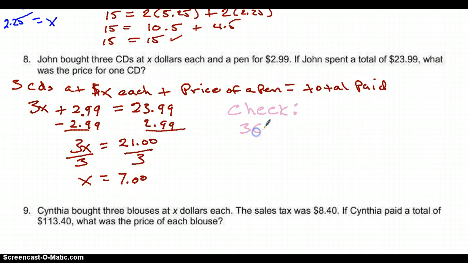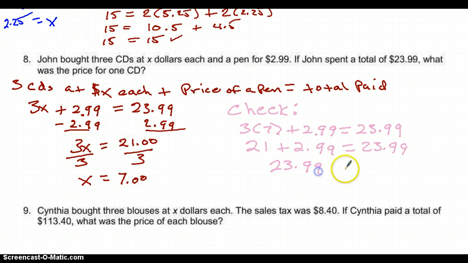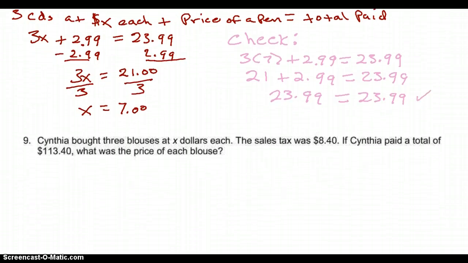So that's 3 times 7 in place of X plus $2.99 is equal to $23.99. 3 times 7 is 21 plus $2.99 is equal to $23.99. And when we add this, we will get $23.99 indeed equals $23.99. So again, we have an identity. I think we're doing great.